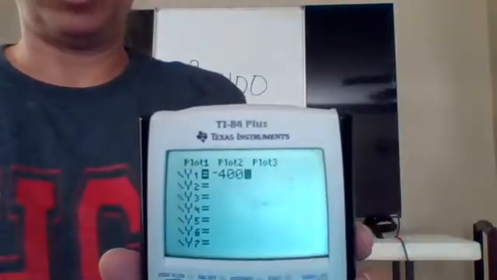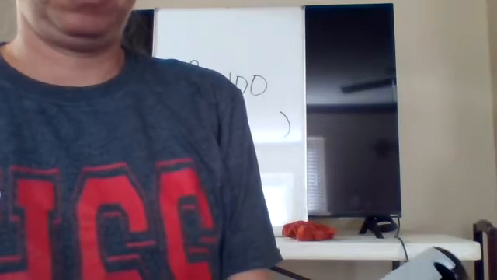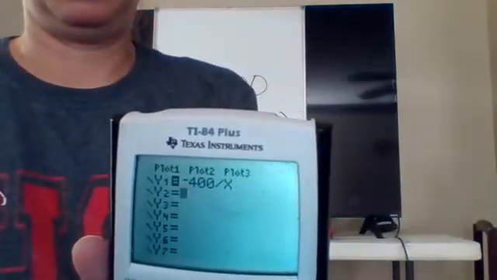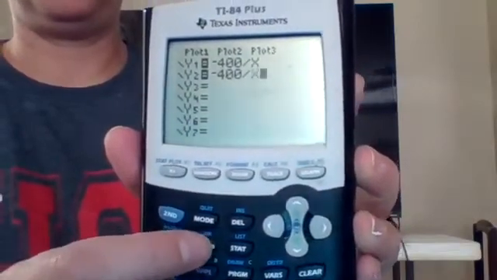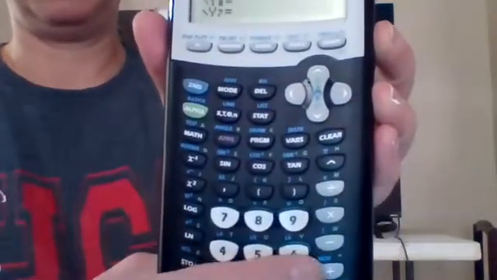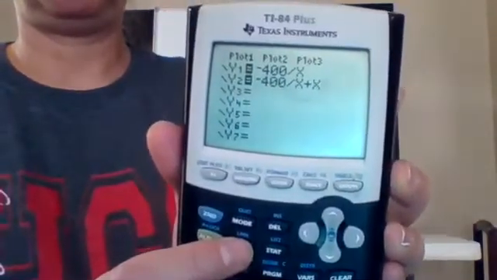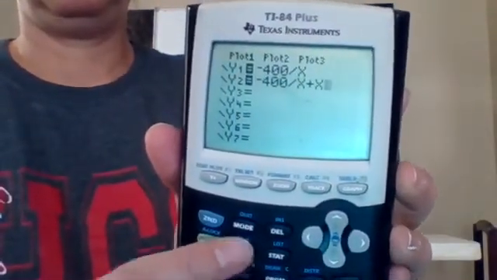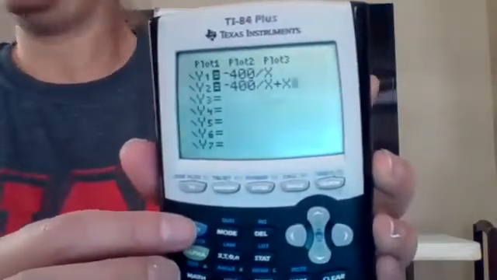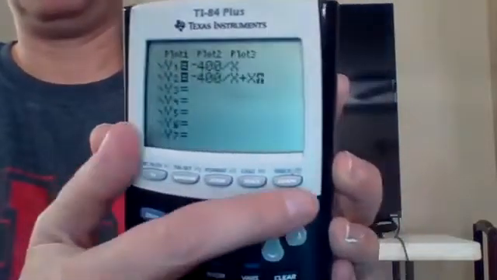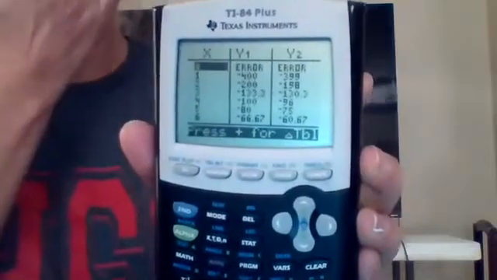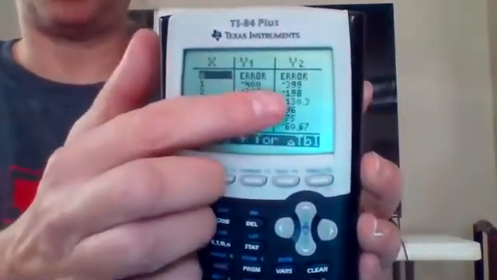So if you put a negative 400, again, put in divided by x, negative 400 divided by x, and here's your x button, plus x. Hit second table.